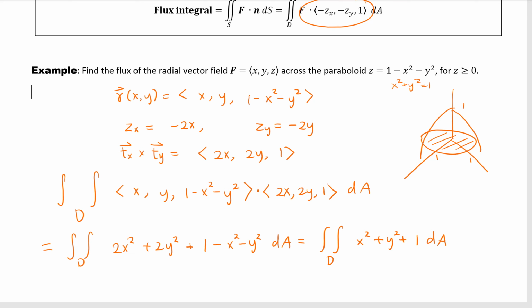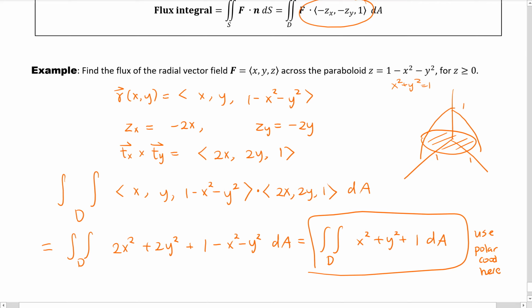Now we just get a double integral, and for a double integral, we can use polar coordinates. Otherwise, if you want to use rectangular coordinates, you have to let x go from -1 to 1, and then y will be from minus square root of 1 minus x squared to square root of 1 minus x squared.